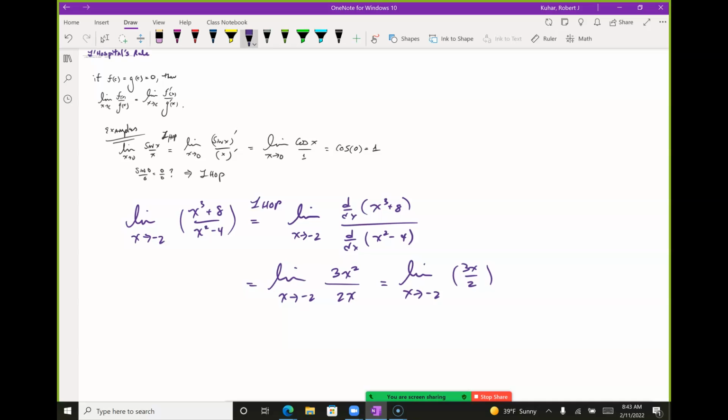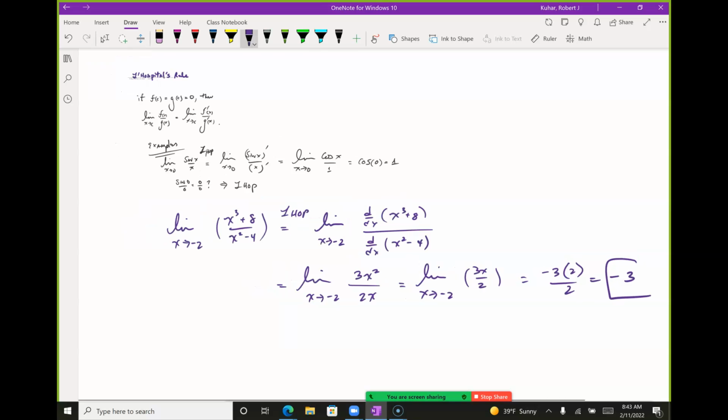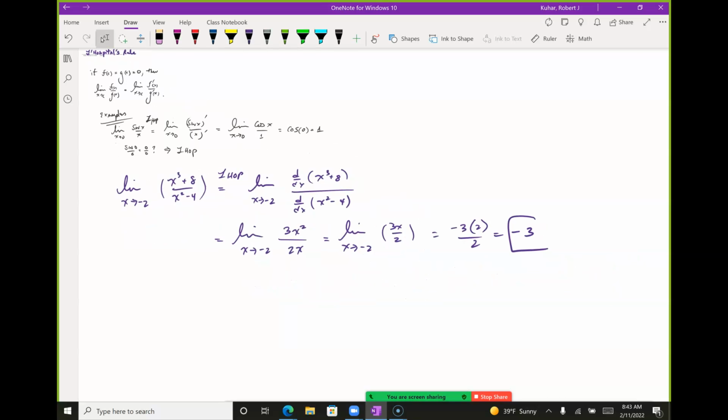And so then I'm plugging in my -2. I get an answer of -3. That's a good one for you to do by factoring on your own time, right?